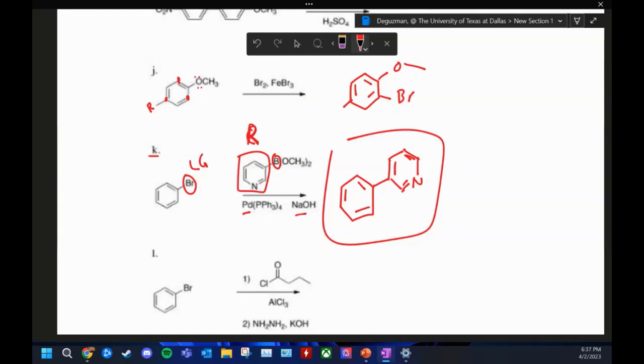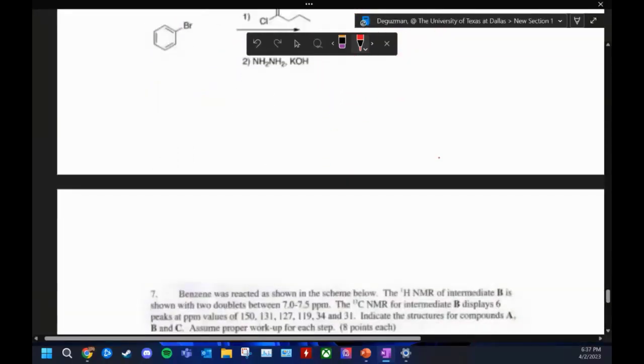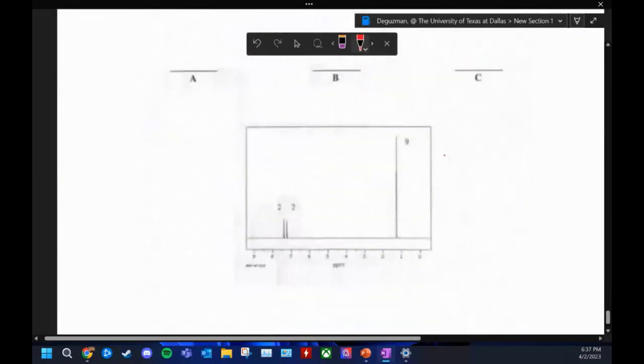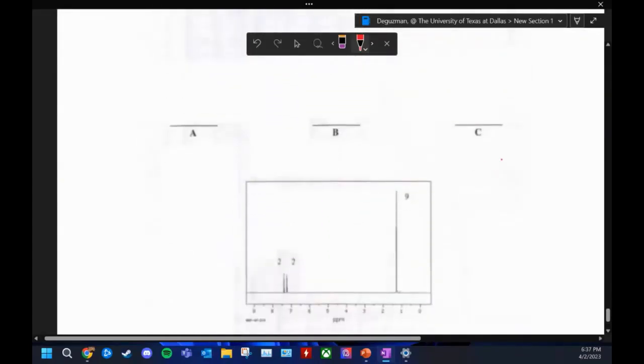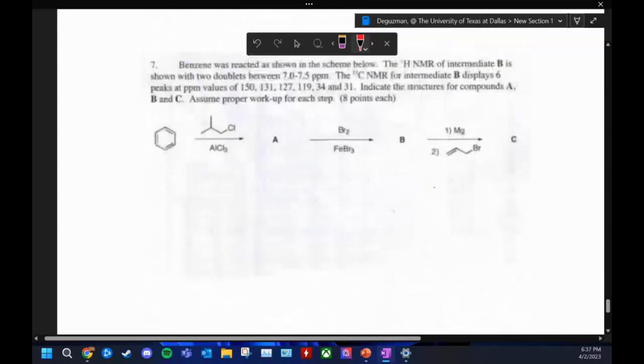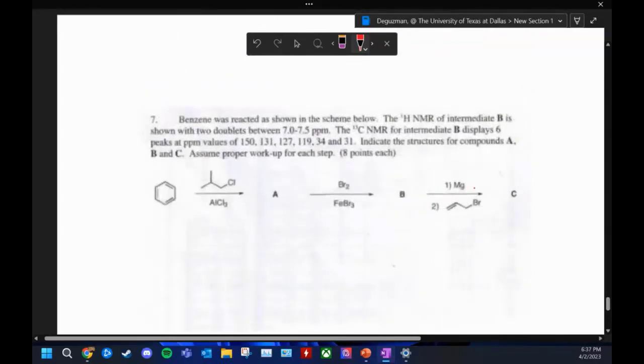Okay. Let's see. Now let's do something with an NMR table. Okay. So let's look at this problem. It's problem number 7 on the last. So I see here benzene is reacted as shown on the scheme below. The HNMR of B is shown. So we have 2 doublets, at 7 and 7.5.